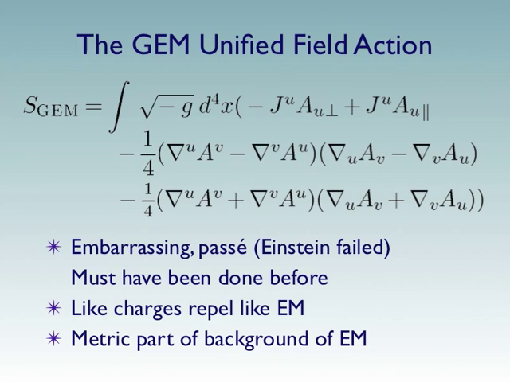If you have a theory that's like EM, and EM has like charges that repel, then there's no way you could make this a theory of gravity, because for gravity, like charges attract. You miss that basic property, there's no reason to talk any further. And Maxwell's equations require that you provide the metric as part of the background mathematical structure.